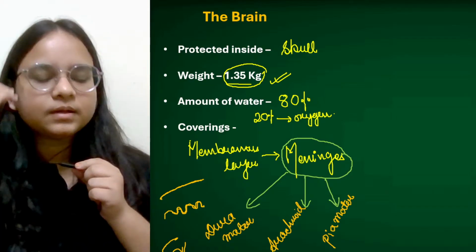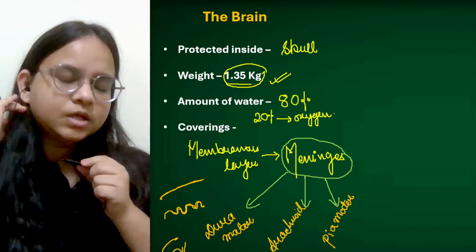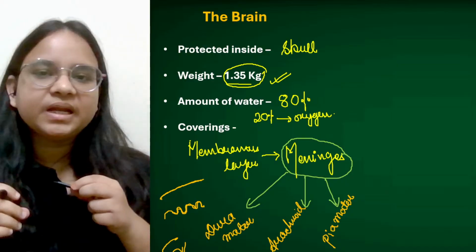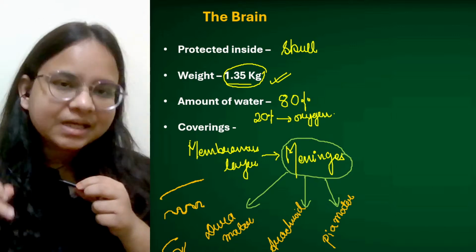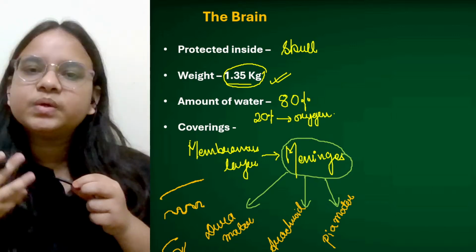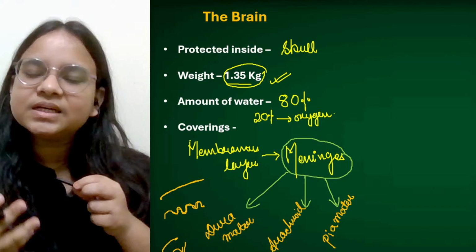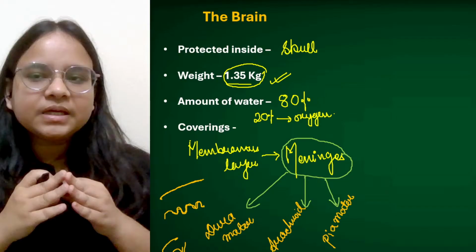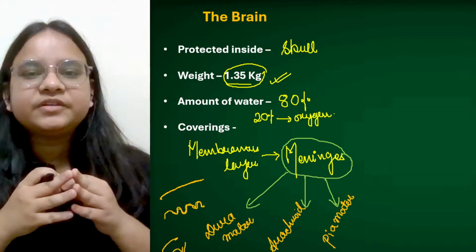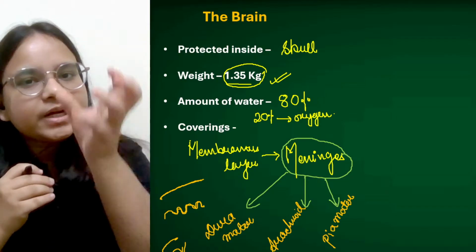Did you understand? Okay. So the brain has proper convolutions. These foldings are nothing but the convolutions, so as to increase the surface area. Because if something has a wider surface area, it can accommodate more and more units.